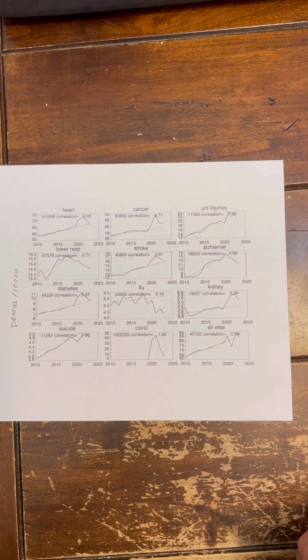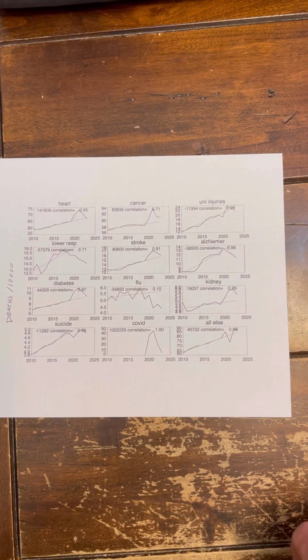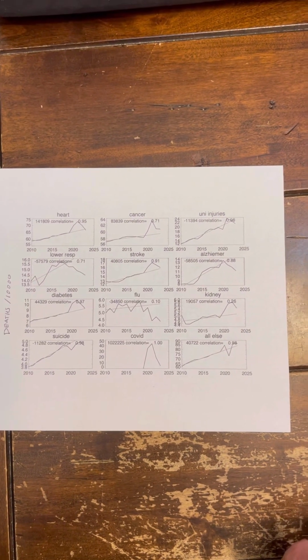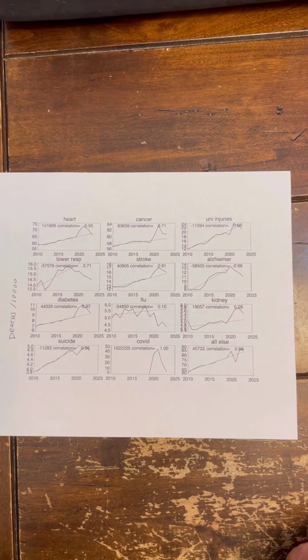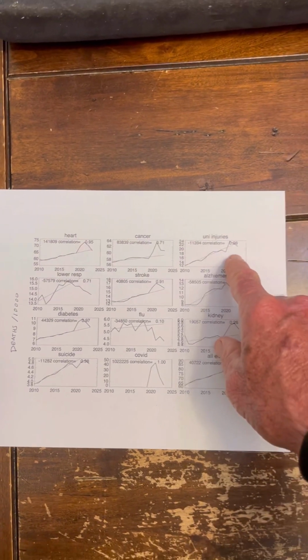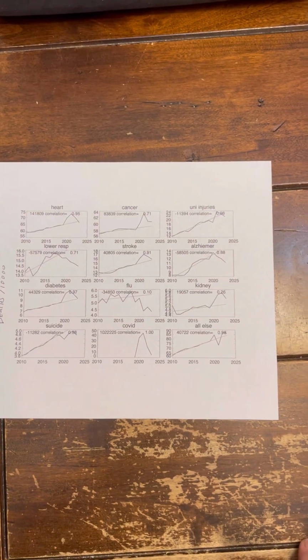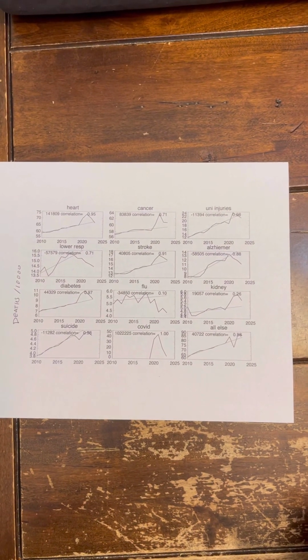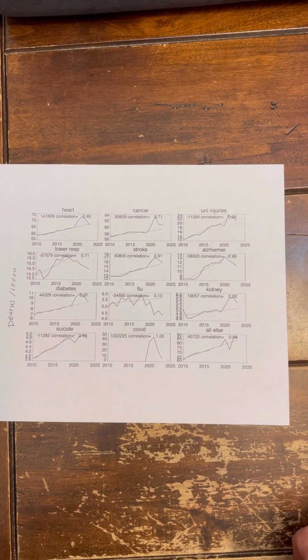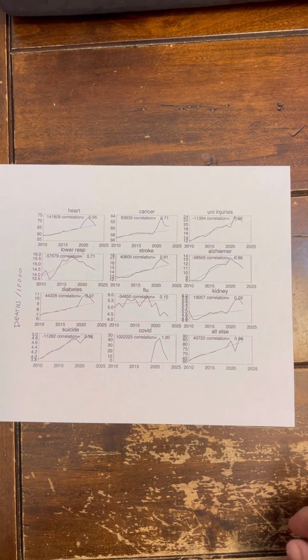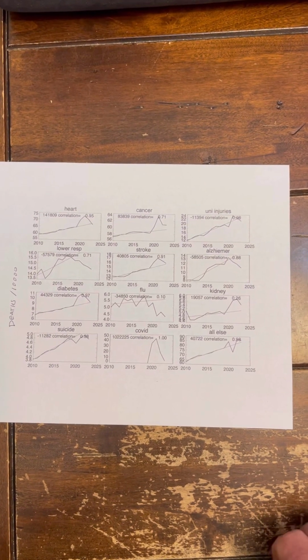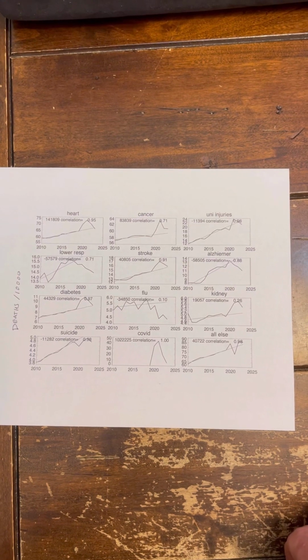So how good that line fits gives you some idea how confident you can be in the estimate of excess deaths. The number on the right here is what we call a correlation coefficient. If it's 1, it means you're very confident in the prediction. And if it's 0, it's very not good at making a prediction.